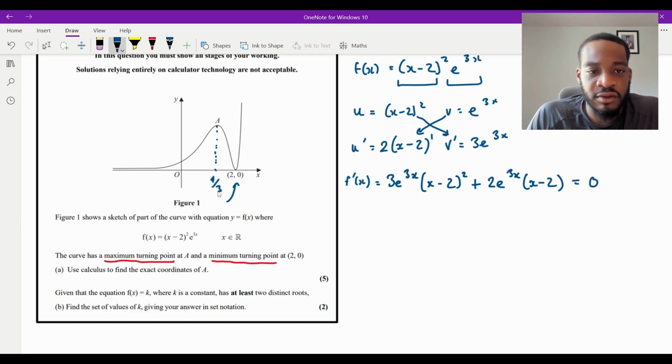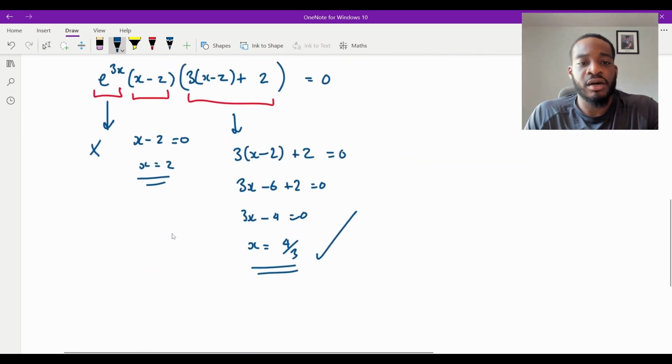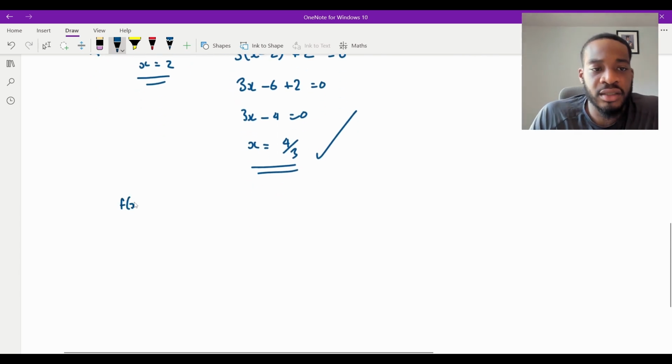Now the question asked us for the exact coordinates. So I need the y coordinate here as well, don't I? So I'm going to do that by plugging that into my original formula, f of x was equal to (x minus 2) all squared e to the 3x, wasn't it? So if I plug in f of 4/3, that will give me y.